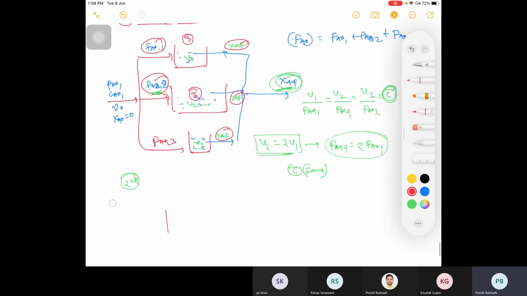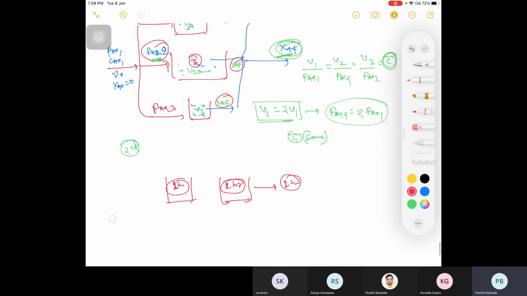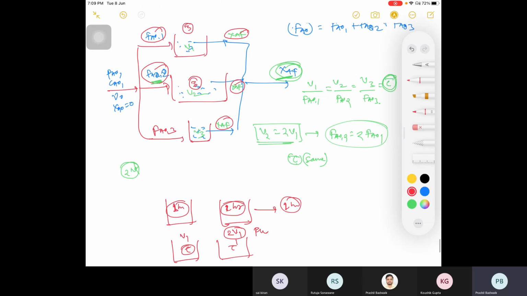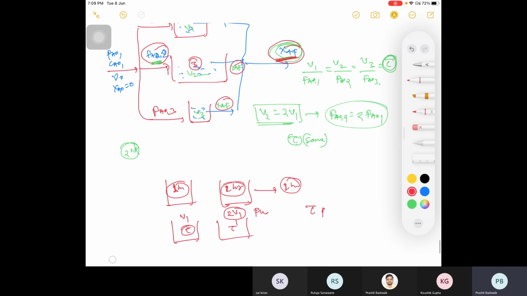Residence time, right? Suppose I am maintaining 1 hour here and 1 hour here. So obviously both get 1 hour of residence time, so the conversion is the same. Suppose I have this reactor with volume V1 and a second reactor with volume twice V1, and in this reactor I am adjusting the flow rate such that here also I get the same tau. So residence time is the same, that's why your conversion is the same. So in order to have the same final conversion at the exit of the reactors, tau for all reactors should be the same.